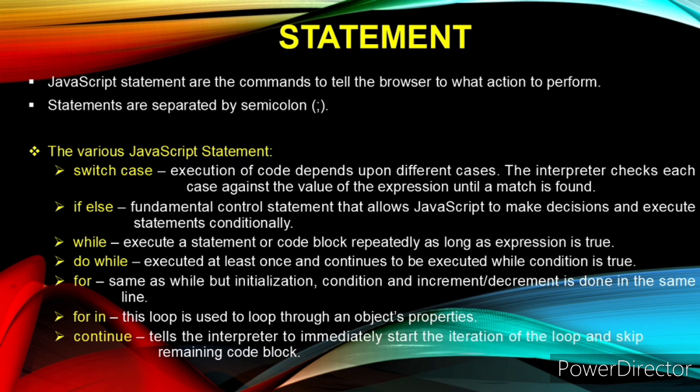For in. This loop is used to loop through an object's properties. 7. Continue. Tells the interpreter to immediately start the next iteration of the loop and skip the remaining code block.